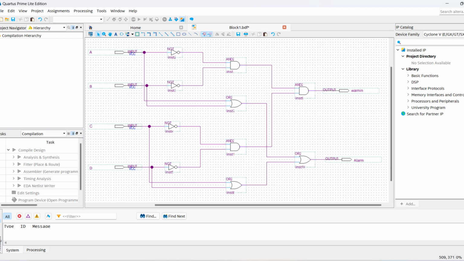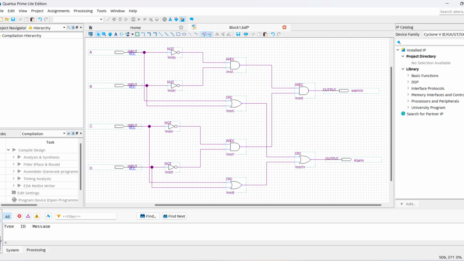In this circuit, signal inputs A and B are connected to one OR gate, giving A plus B, while C and D are connected to another OR gate, giving us C plus D. Both of these OR gates produce a high output 1.